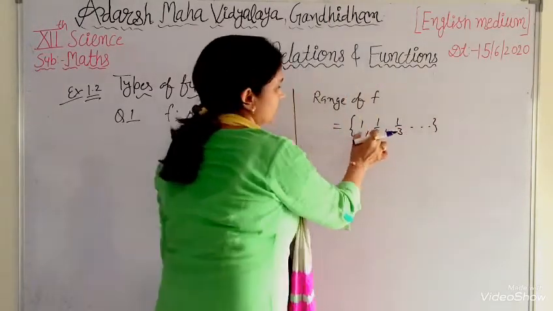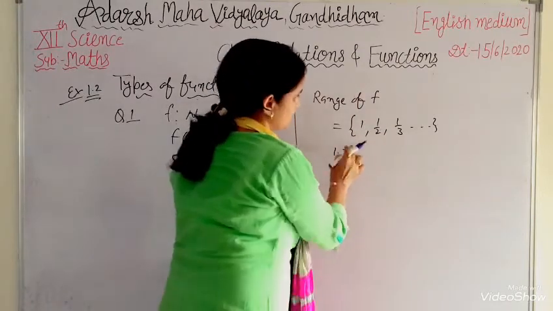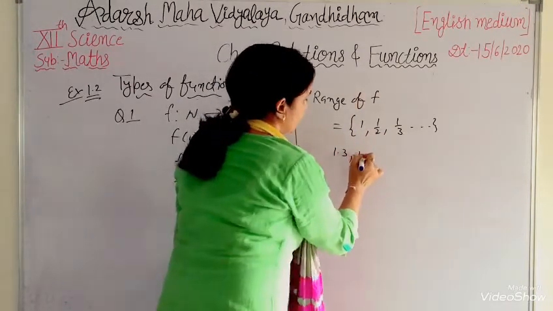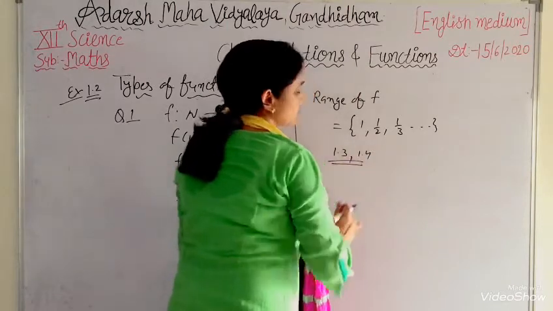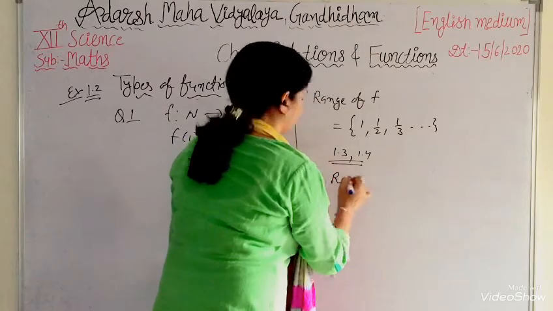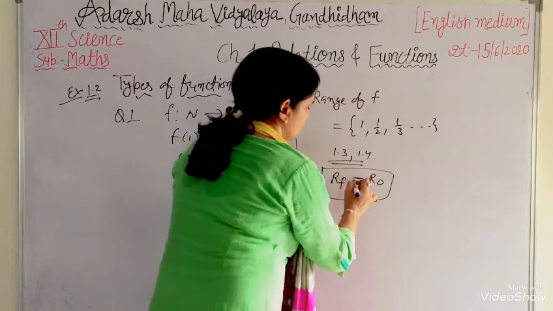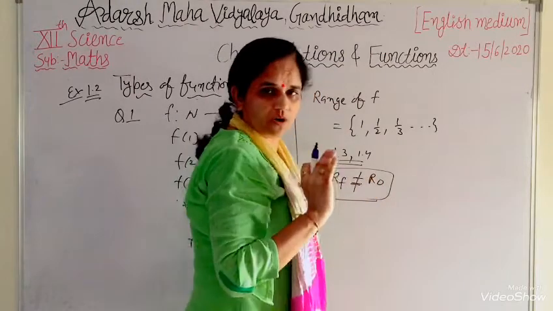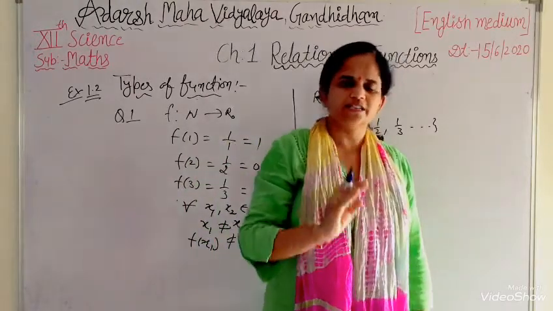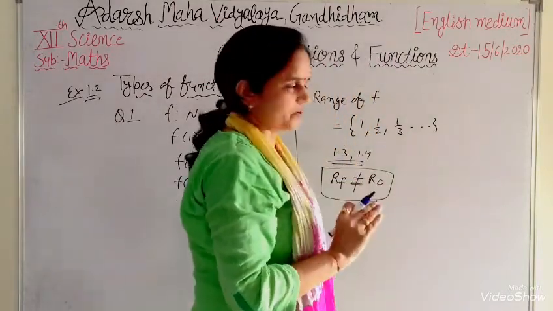It doesn't contain, say, 1.3; it is not in the range. Okay, 1.4, it is not in the range. Hence we can say that the range is not equal to R0. Okay, so range and codomain are not equal. The function is not onto.